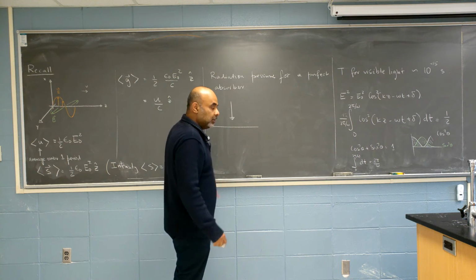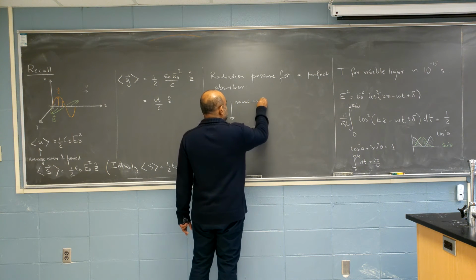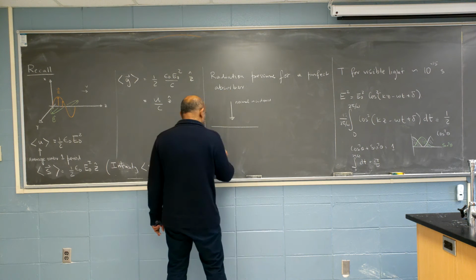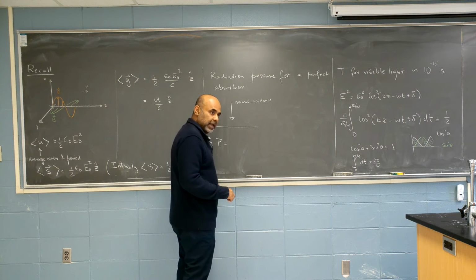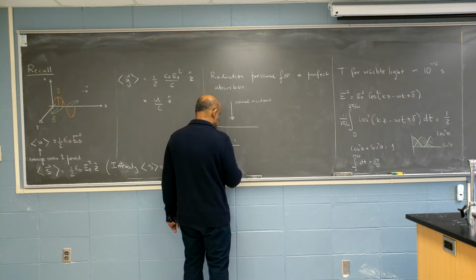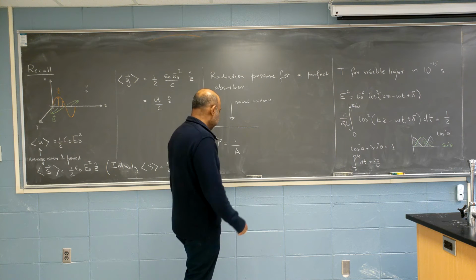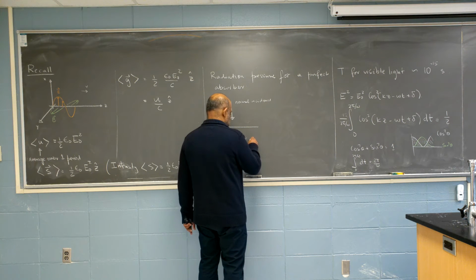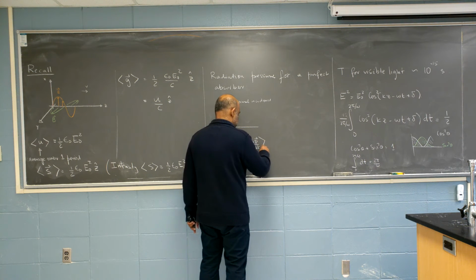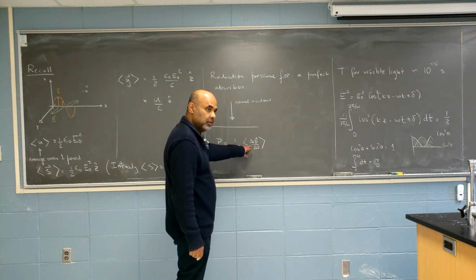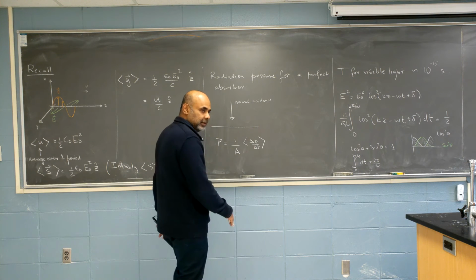So light is shining perpendicularly. What is the pressure? The pressure is force per unit area, 1 over area. Yeah, the average momentum per unit time. Force per unit area. Oh, I don't want this vector. It's normal, right? Just shining down.